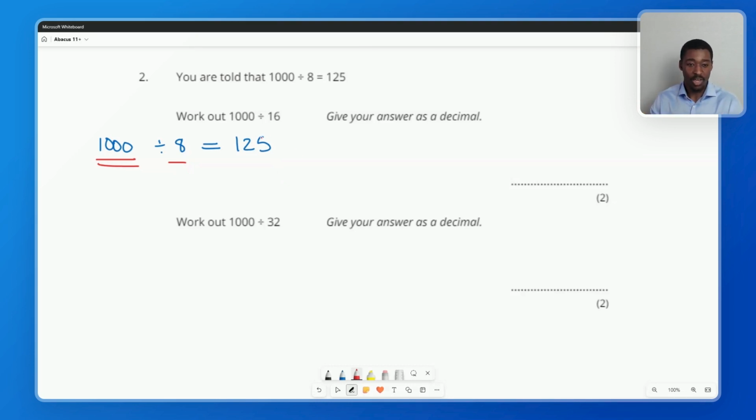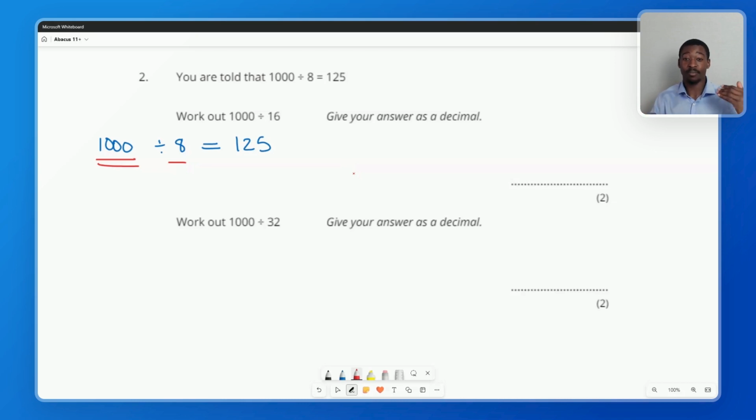So now if we have 1,000 divided by 16, we're taking that same 1,000, but instead of cutting that pizza into 8 sections, we're cutting that pizza into 16 sections, twice as many sections.